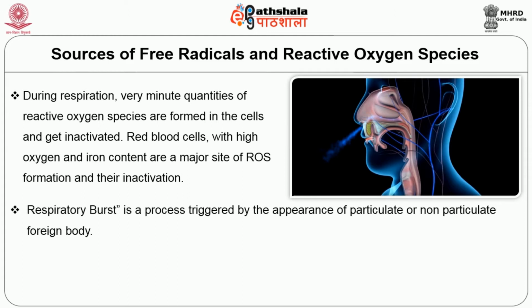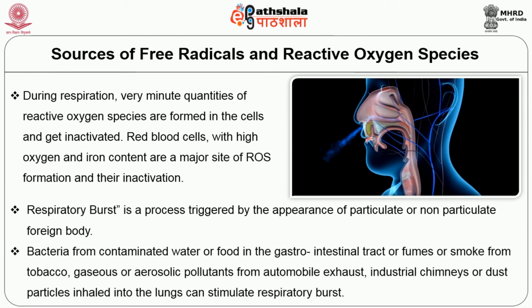Respiratory burst is a process triggered by the appearance of particulate or non-particulate foreign bodies. Bacteria from contaminated water or food in the gastrointestinal tract, or fumes or smoke from tobacco, gaseous or aerosol pollutants from automobile exhaust, industrial chimneys or dust particles inhaled into the lungs can stimulate the respiratory burst.